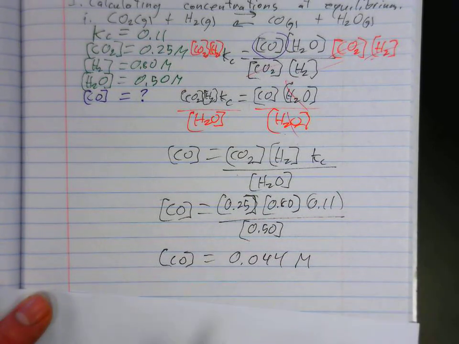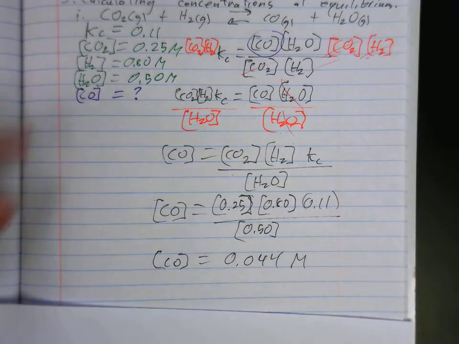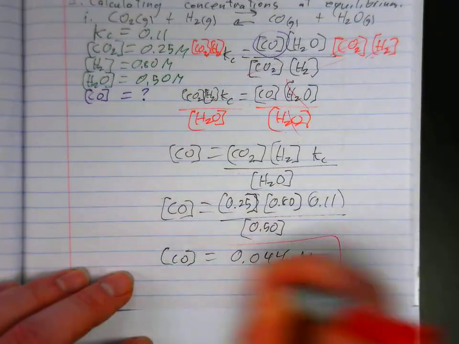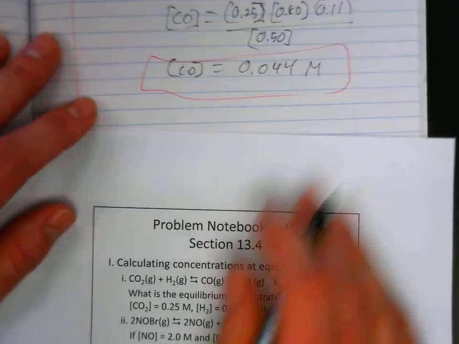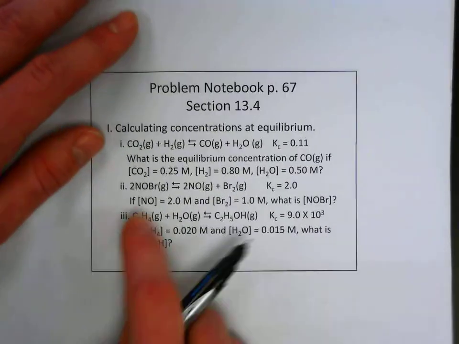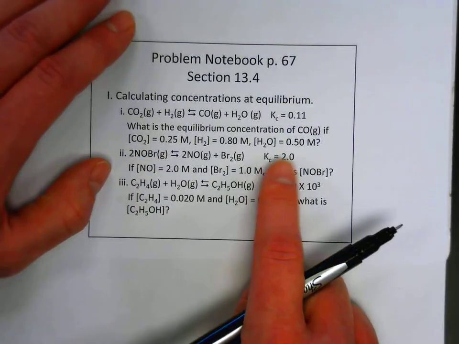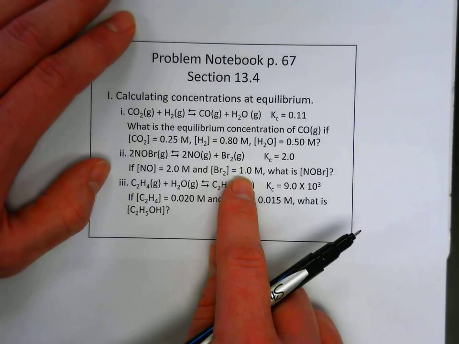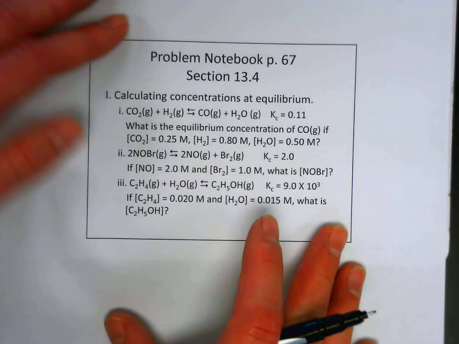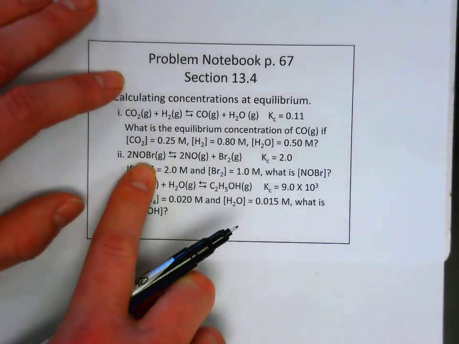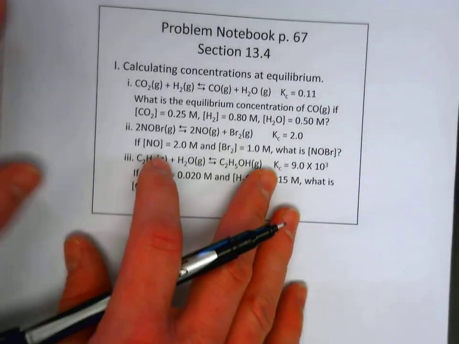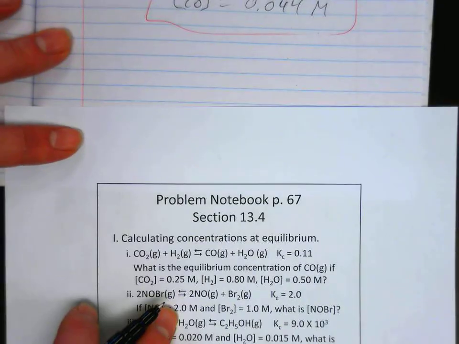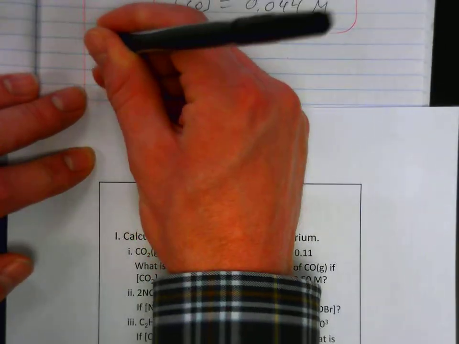Let's try another problem. So this next problem, we have this equation. The constant is given, and if we have the concentration of NO and the concentration of Br2, what is the NOBr concentration? The first step is writing the equilibrium expression. So given that equation, the equilibrium expression for this, let's pull this down.